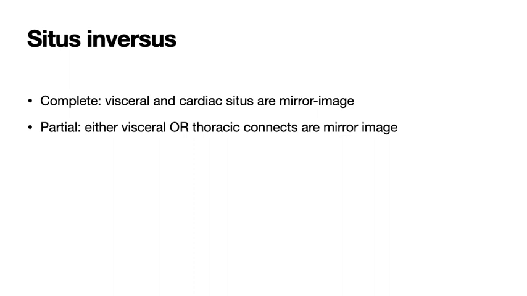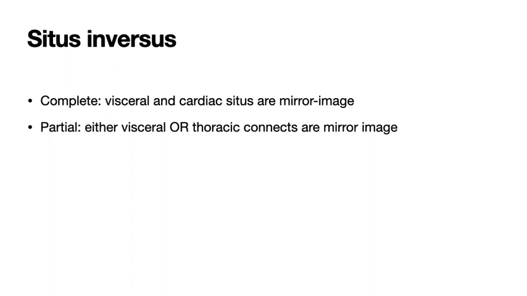Now, you can have a partial situs inversus where either the visceral situs is a mirror image or the thoracic contents are a mirror image. So if you have one or the other, it's a partial situs inversus. If you have both, it's complete.